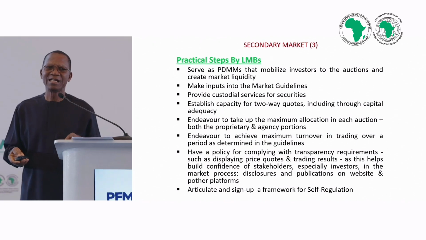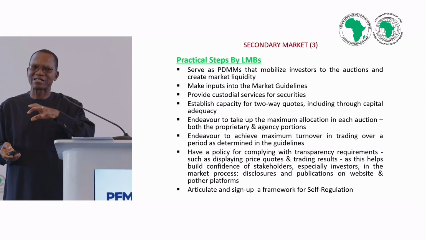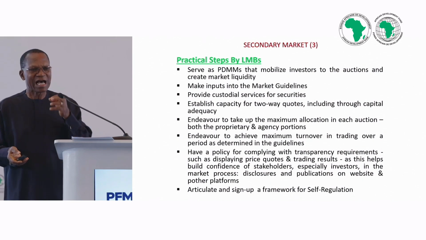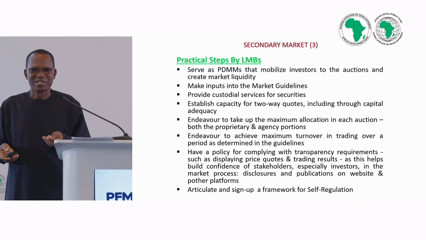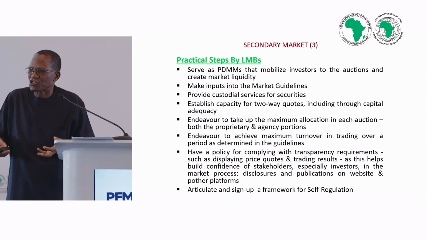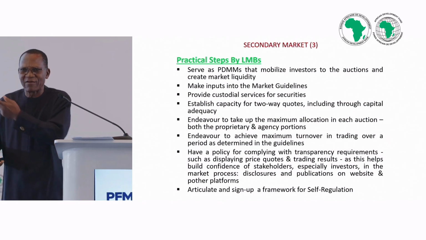The lending money banks, now aggregated or specified as primary digital market makers, must have a self-regulating system. So they should have their own self-regulation to make sure that they are behaving well, even though they have external regulators.